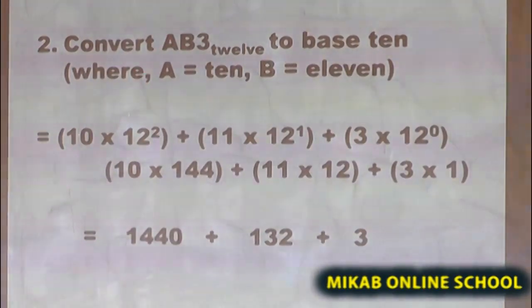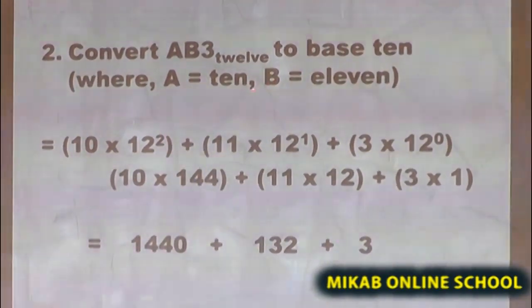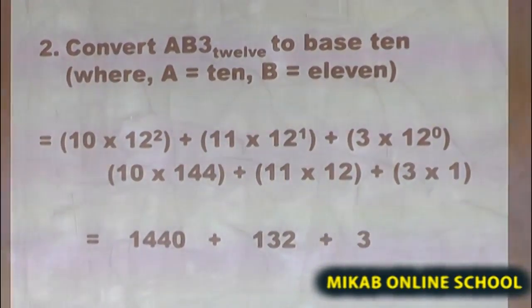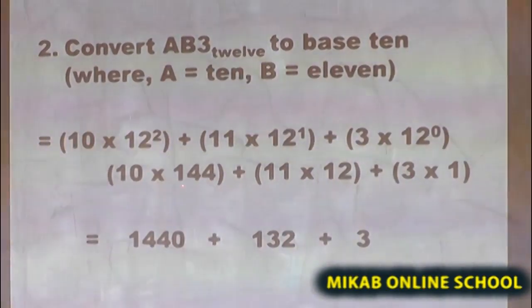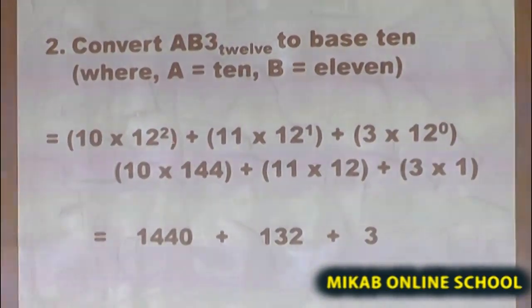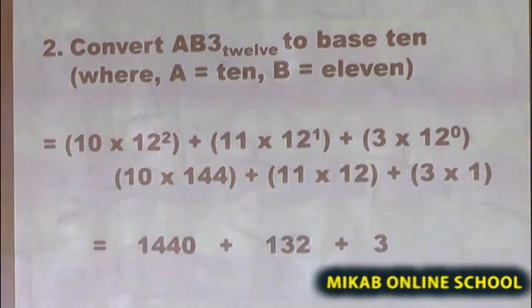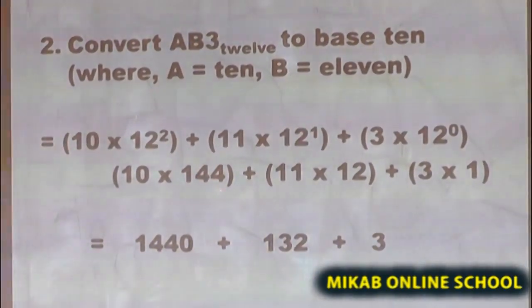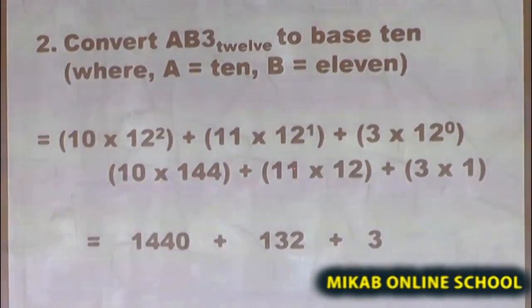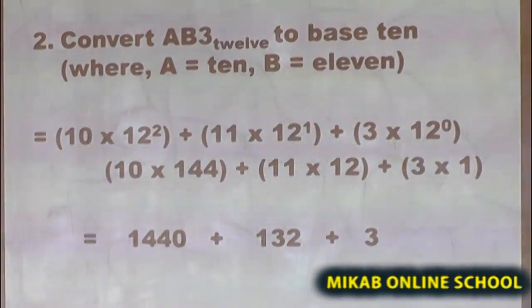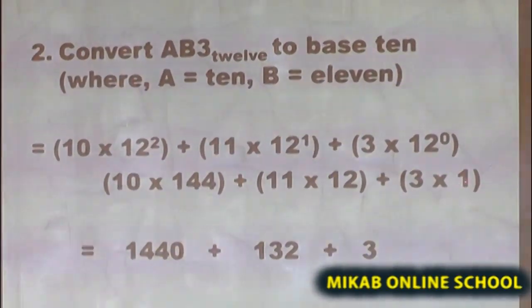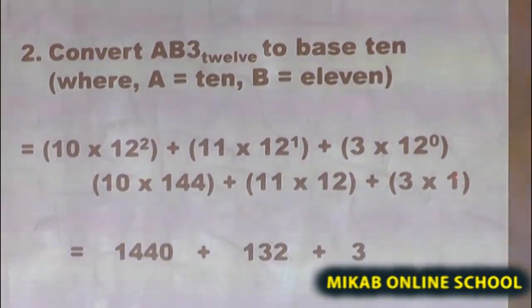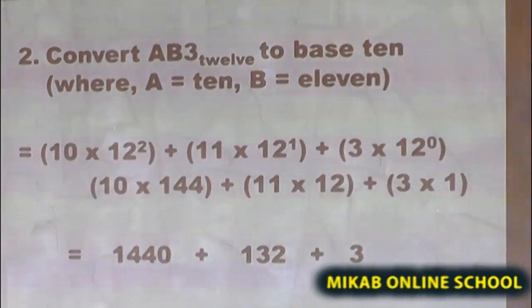Remember, our A is 10, our B is 11. So 10 times 12 raised to the power of 2. 12 raised to the power of 2 is not 24. It's 12 times 12, so you have 144. Plus 11 times 12 raised to the power of 1, 12. Plus 3 times 12 raised to the power of 0, 1.